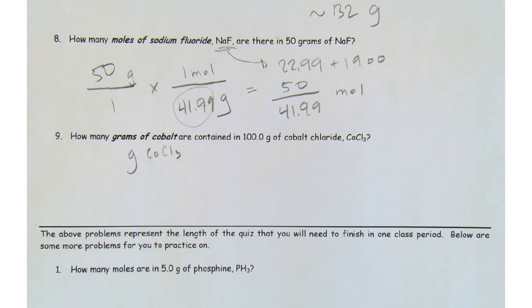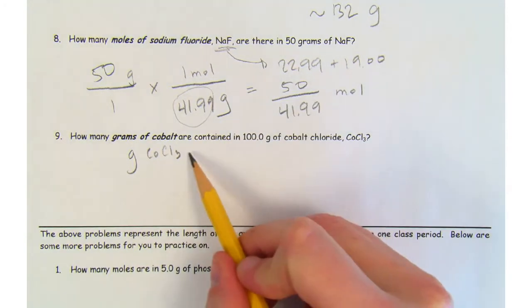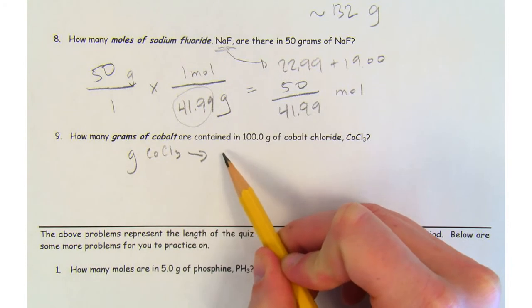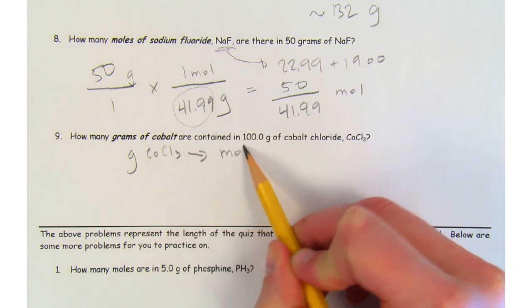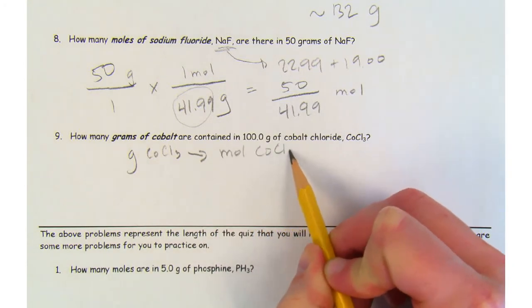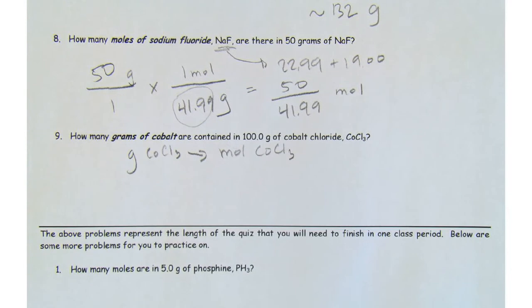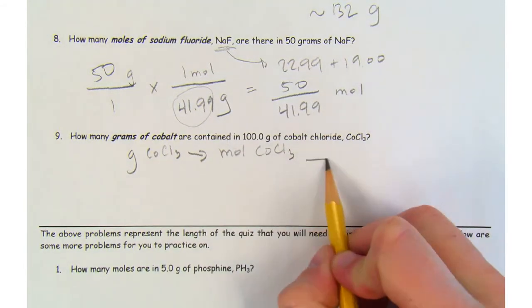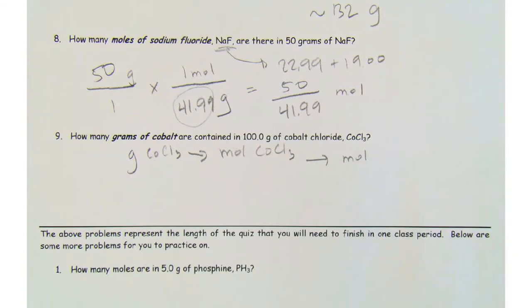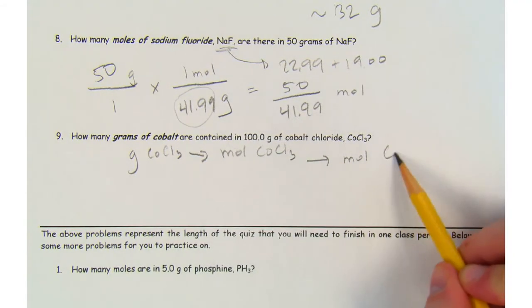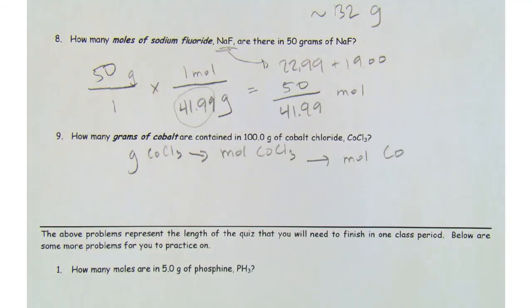So your strategy, you have grams of cobalt chloride, you want to convert to moles of cobalt chloride. So we know we can convert from grams to moles. And then you want to convert to moles of just plain old cobalt. All right? So I'll set it up.